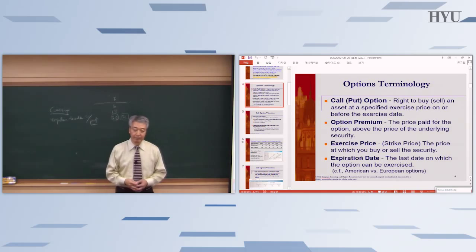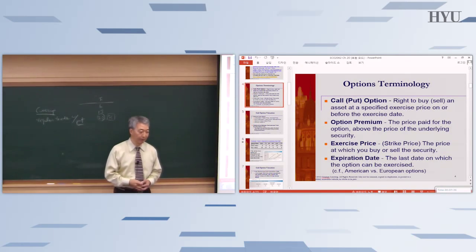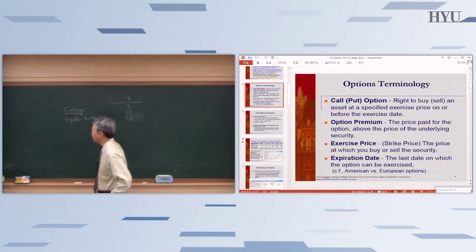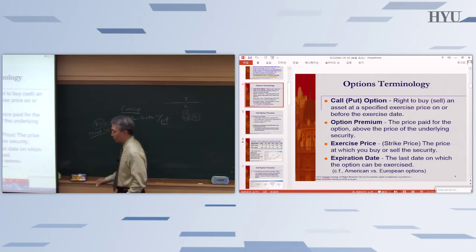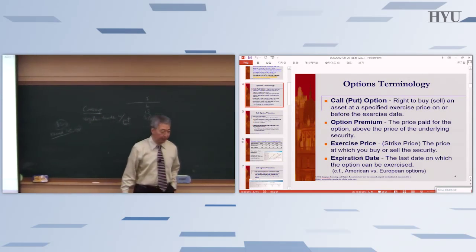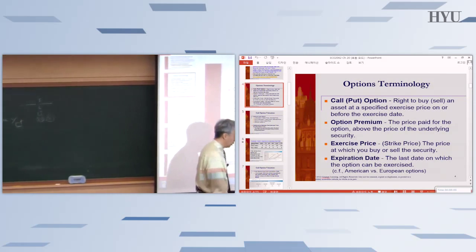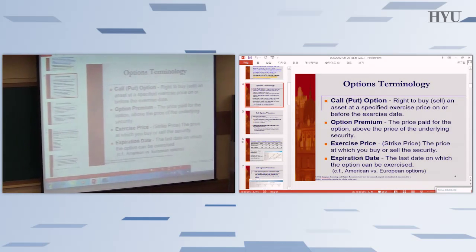But I just did it to learn something about option trading. At that time, GE stock was around $20. And one round lot is 100 units, 100 shares.